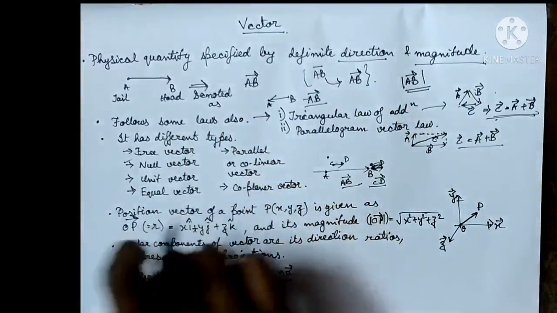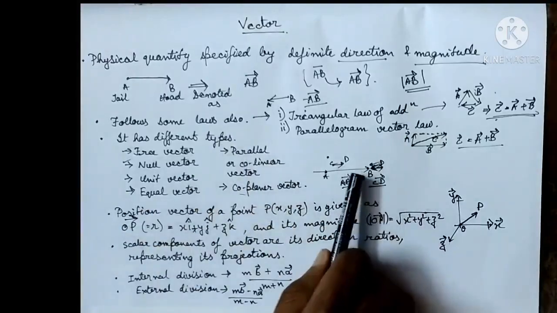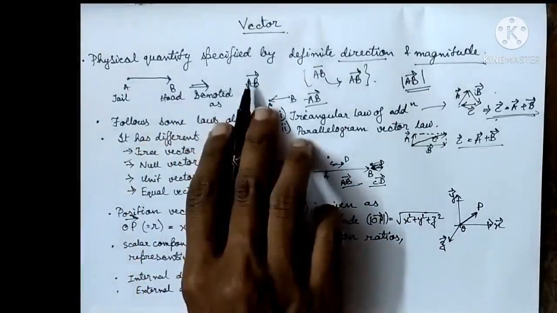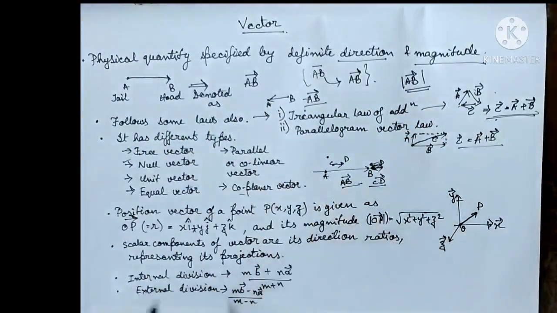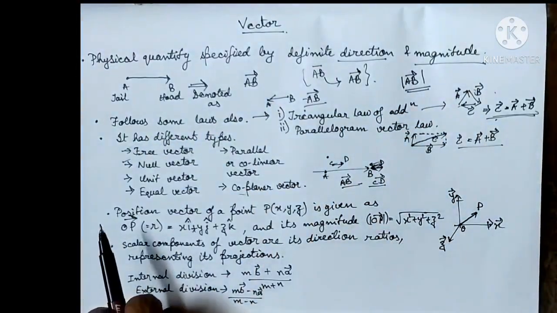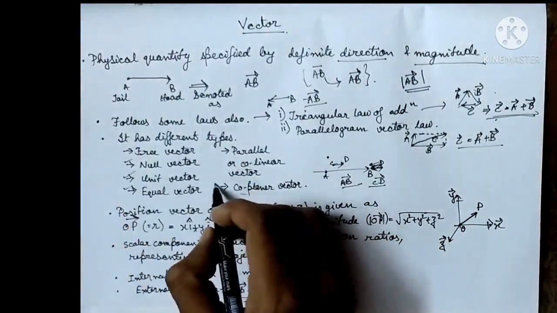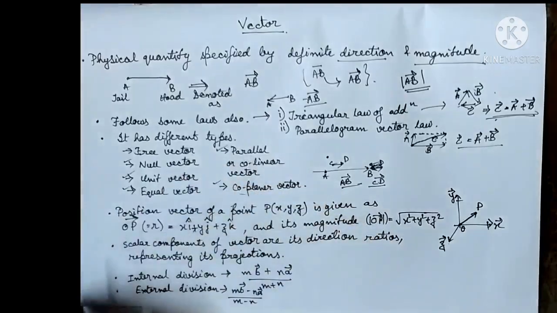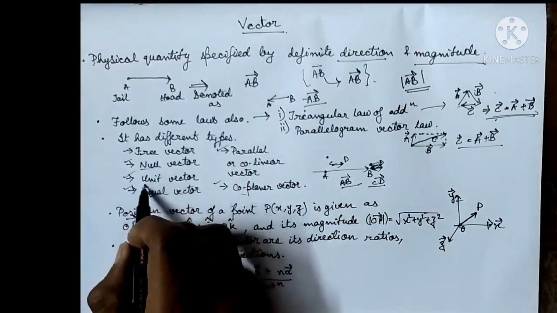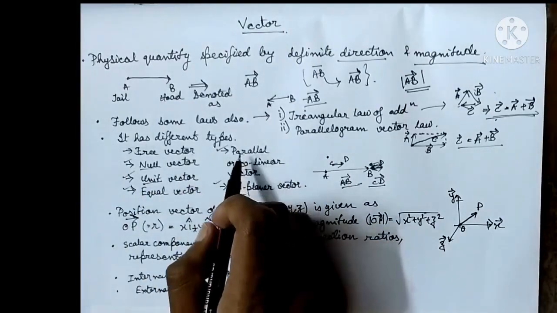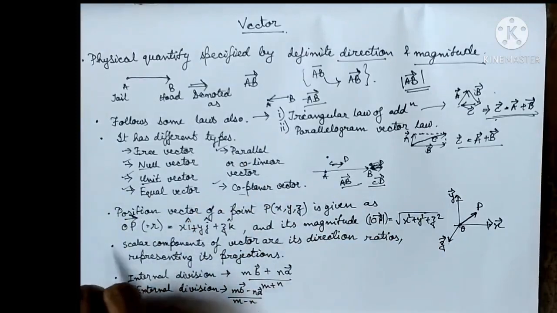So all the vectors drawn on this copy are coplanar, this CD, this AB, all of these. Now, these are some basic things, and you must know a little bit about them at least. A direct question comes from the null vector and unit vector: prove that this is a null vector or prove that this is a unit vector. This must be known.